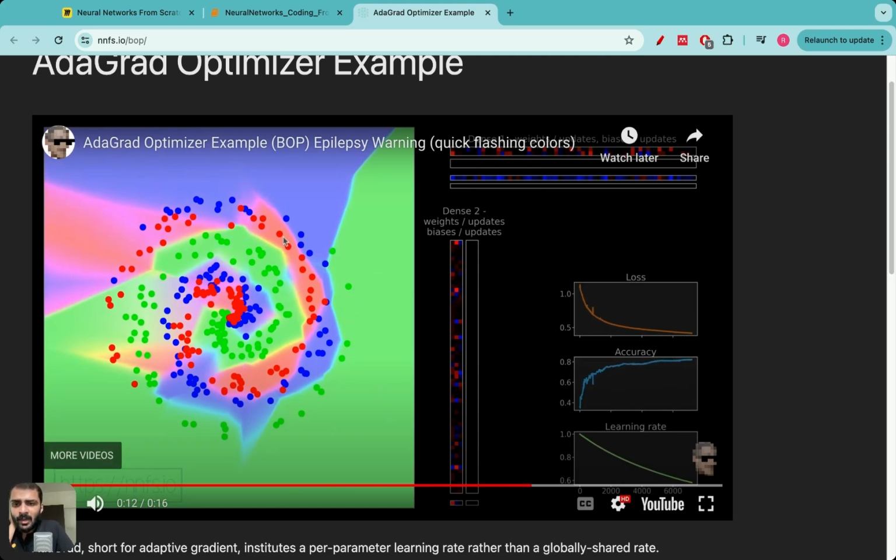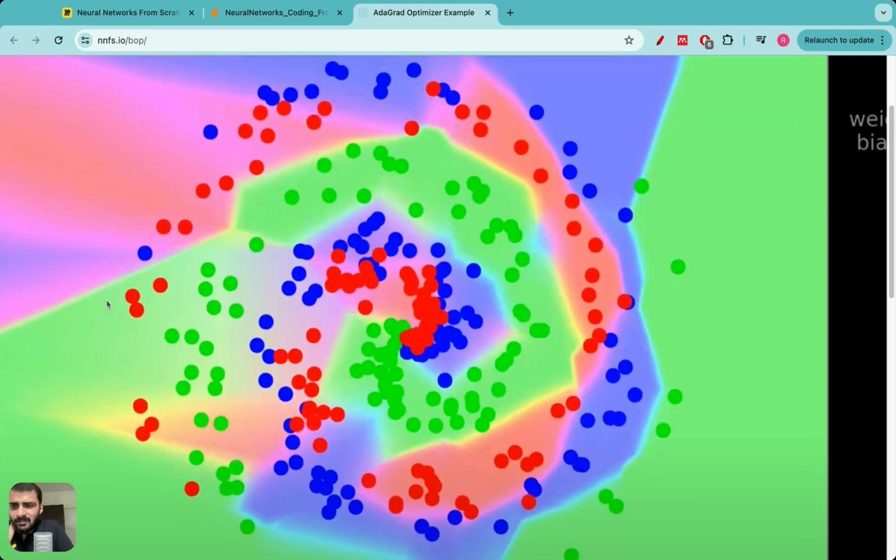Okay, so let's look at the predictions made by this particular optimizer. First of all, let's see this portion. In this portion, the boundary is green in color, but there are three red points which are clearly misclassified. Let's look at this point. The boundary is red in color, but this point is blue, clearly misclassified.